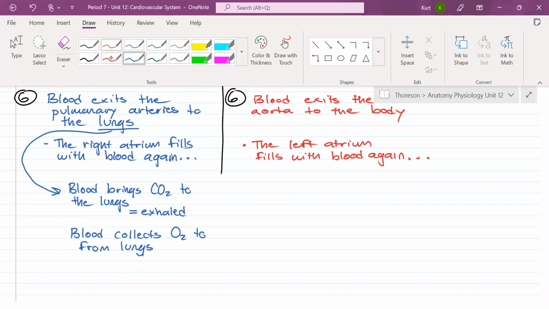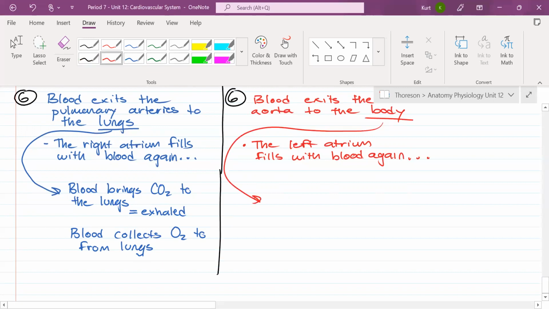Good. And let's finish off on the right side. I want you to underline the body. Bring it on down here. Blood brings what to where on your oxygenated side? It brings oxygen, which is O2, to the what?